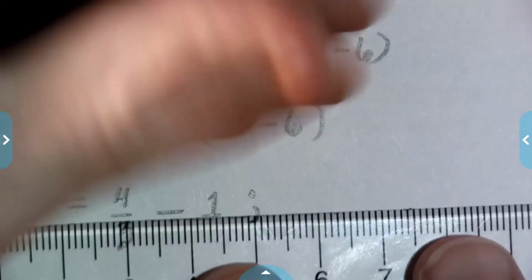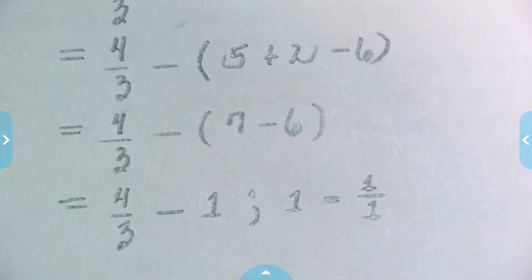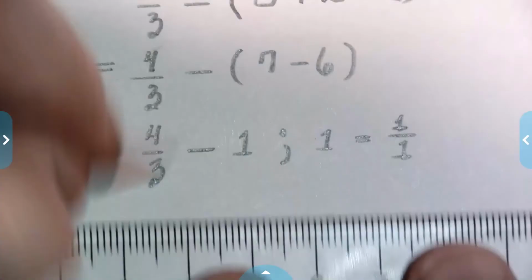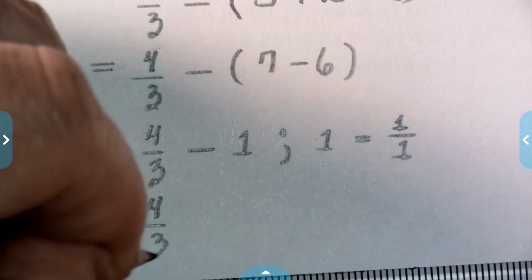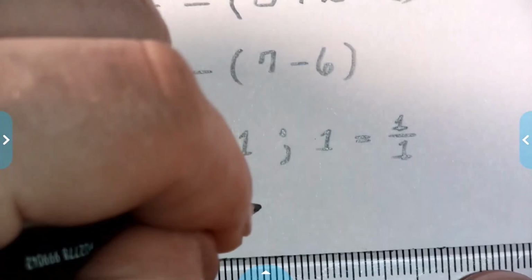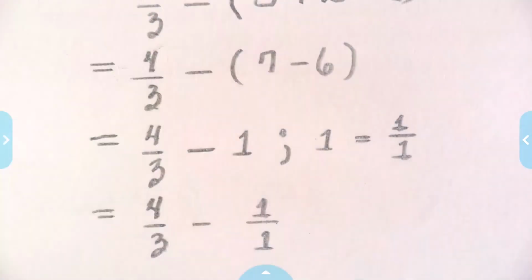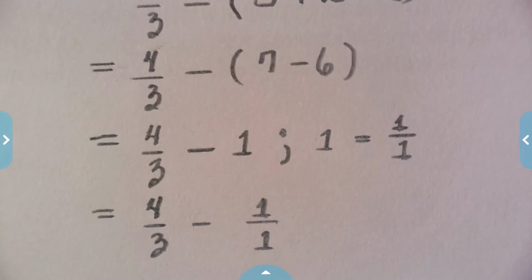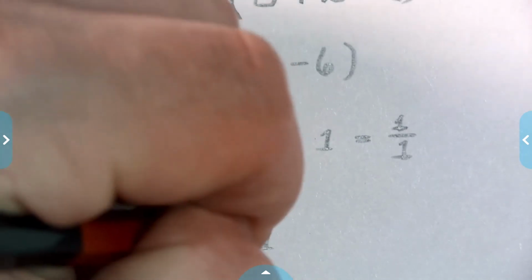And I remember that 1 equals 1/1. So I can say 4/3 minus 1/1. And in order to make that common denominator with 3, I'll just multiply 1/1 by 3/3.